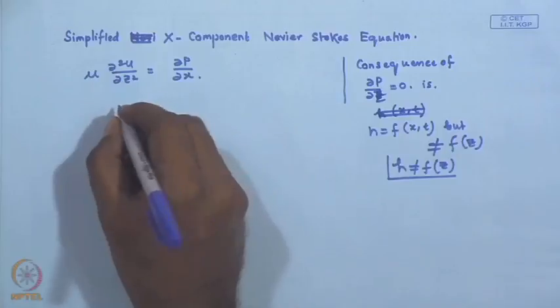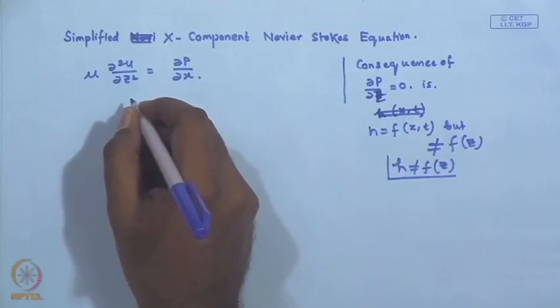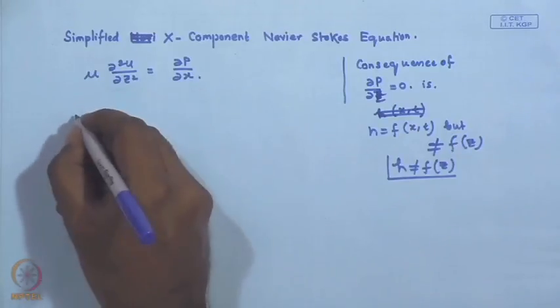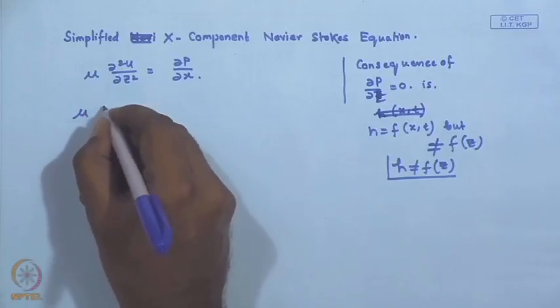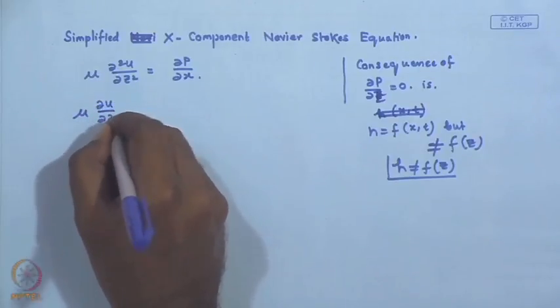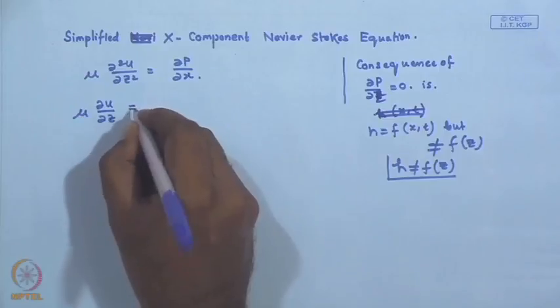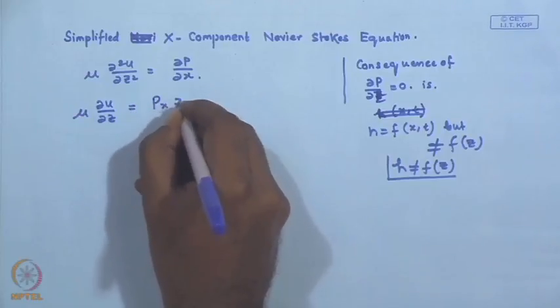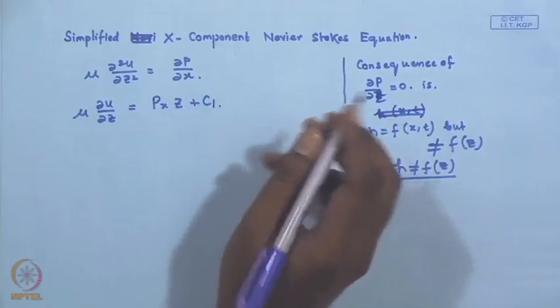So, you integrate it once with respect to z, you get mu del u del z is equal to p x z plus c 1.